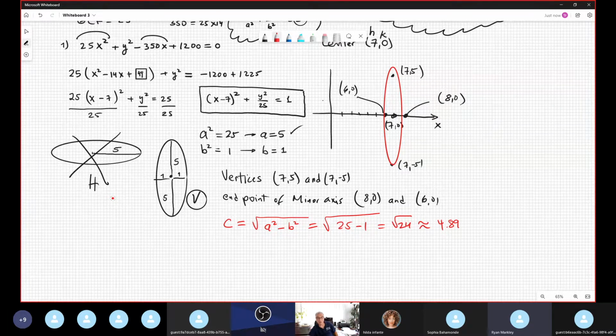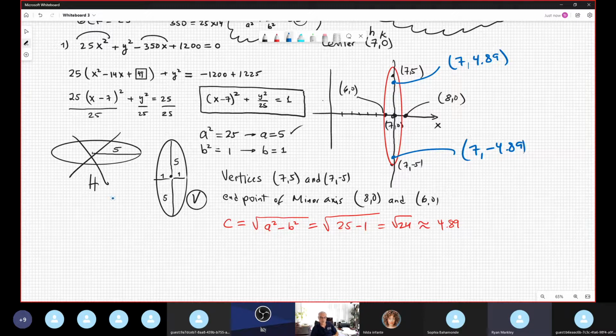Therefore, the foci, as always, lie on the major axis, on this line. Let me use another color, blue. What distance? Well, the distance is 4.89, so the points are 7, 4.89, and 7, negative 4.89. Something like that.